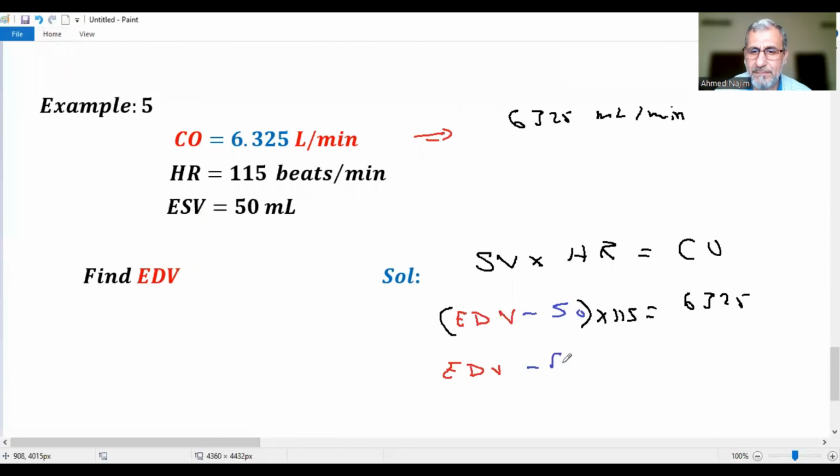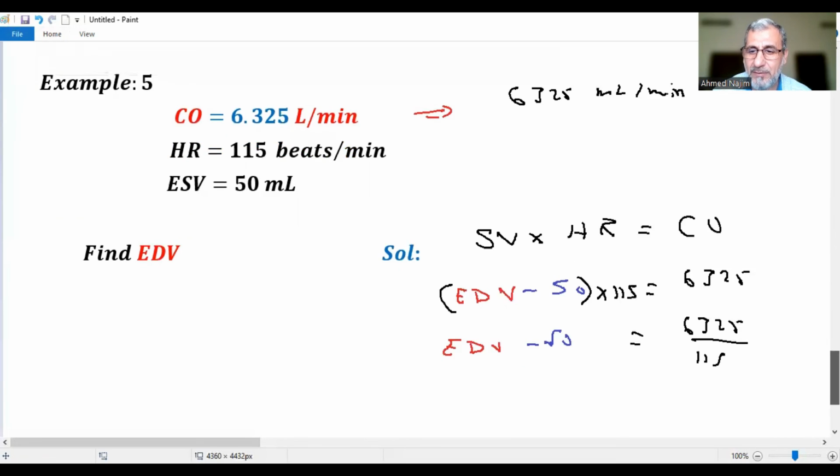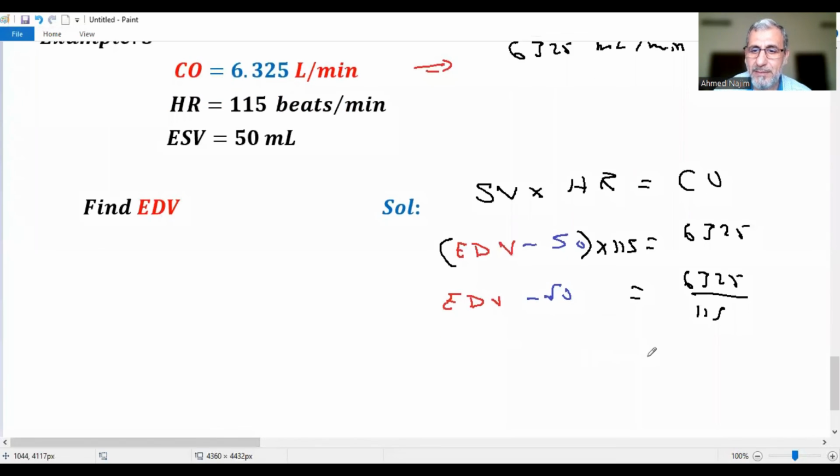We divide 6,325 by 115 on both sides, so this side becomes 1 and the result is 55.